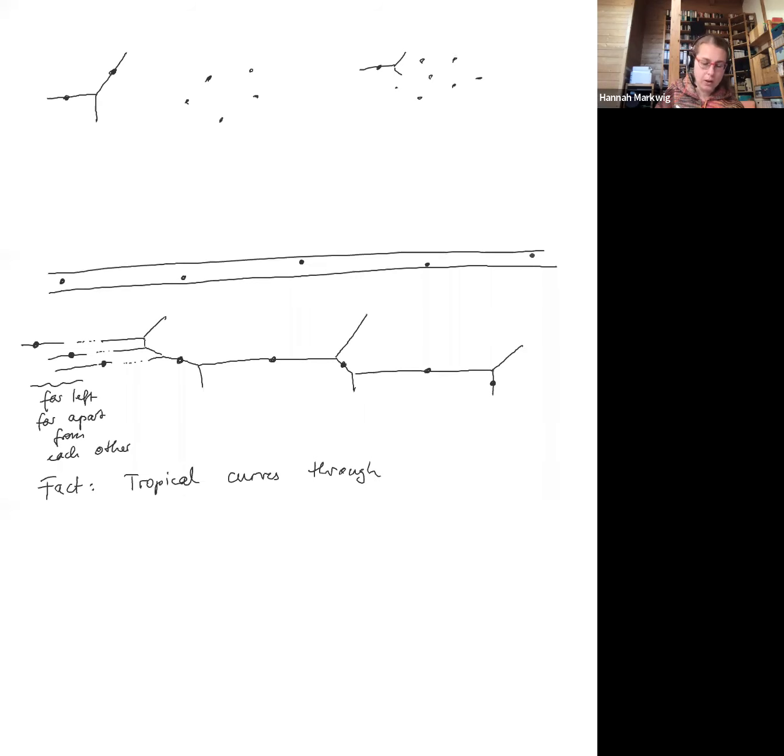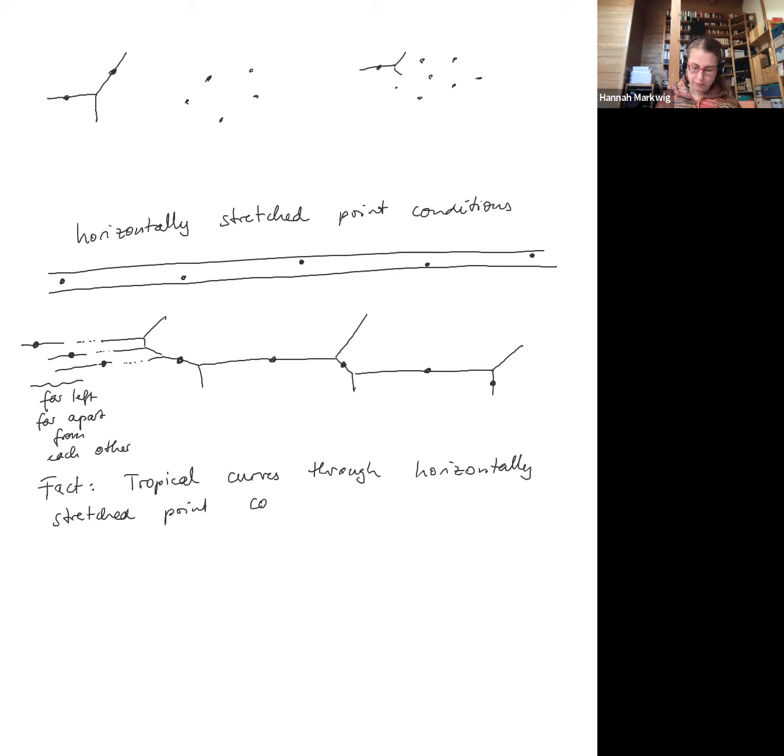These we usually call horizontally stretched point conditions. And tropical curves through horizontally stretched point conditions are what we call floor decomposed.